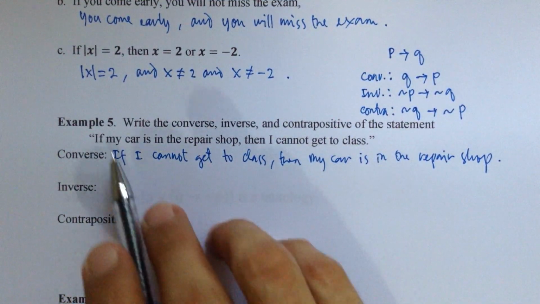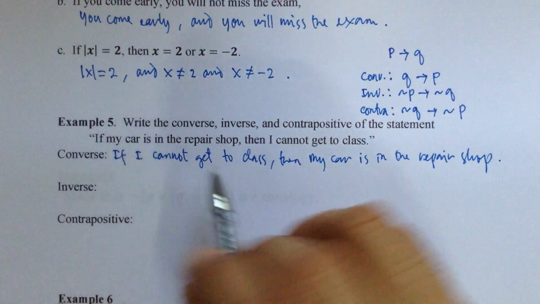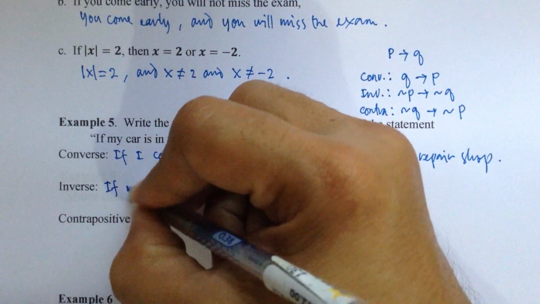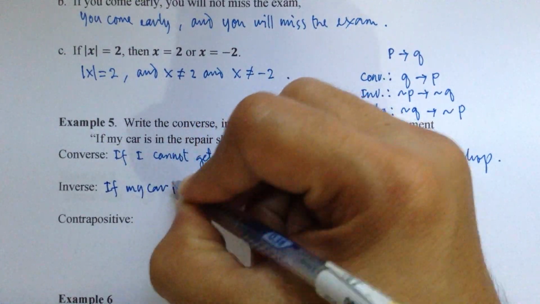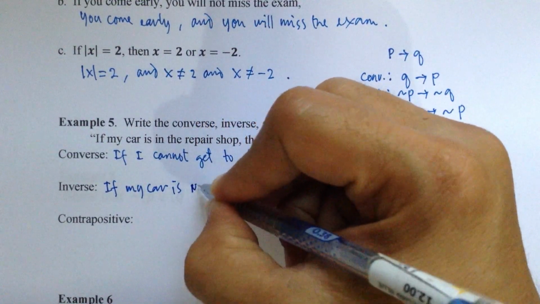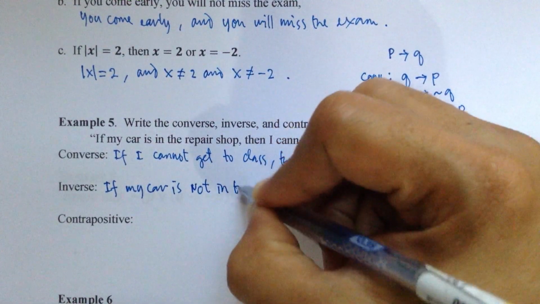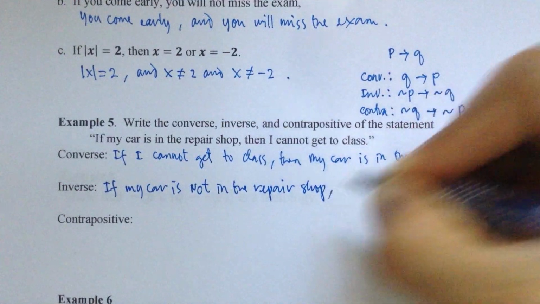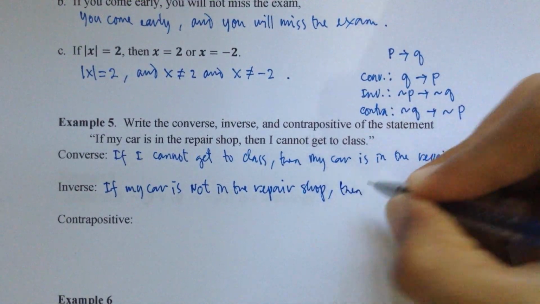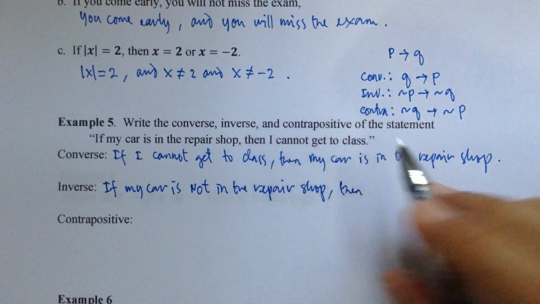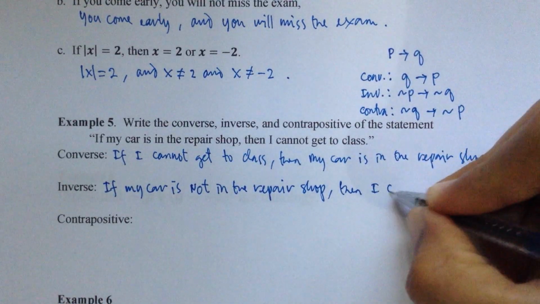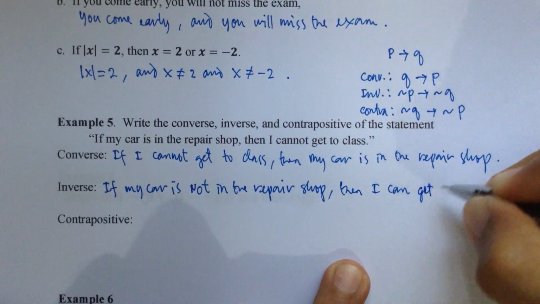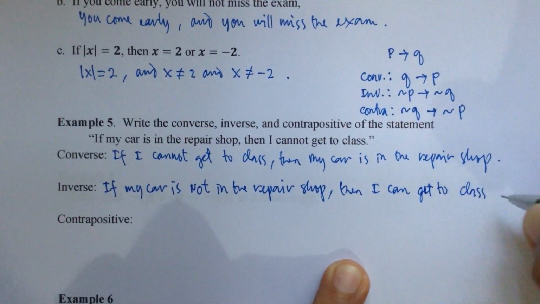What about the inverse? The inverse is you get the negation of your antecedent, which is: if my car is not in the repair shop, then the negation of your consequent, which is I can get to class.